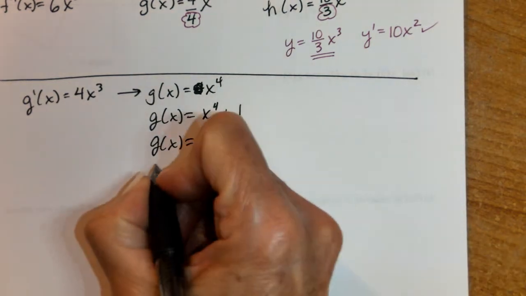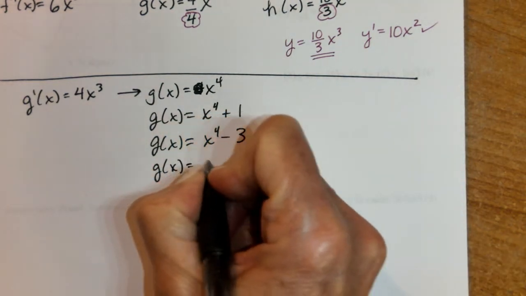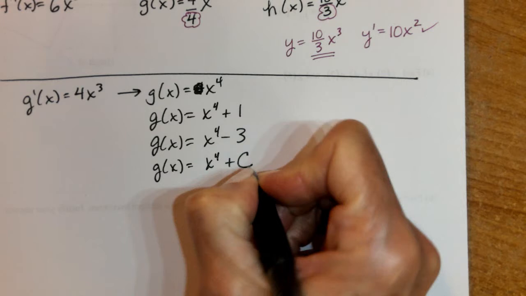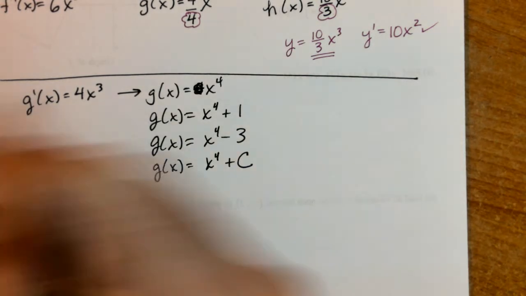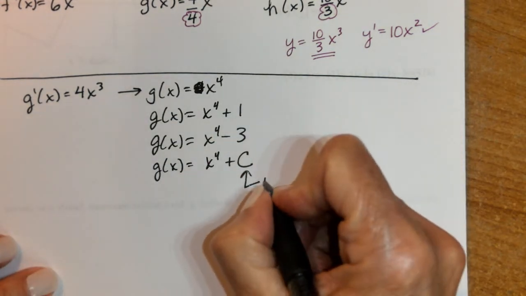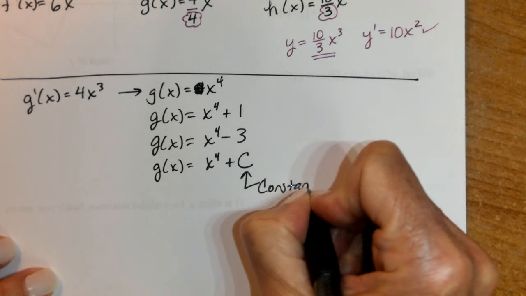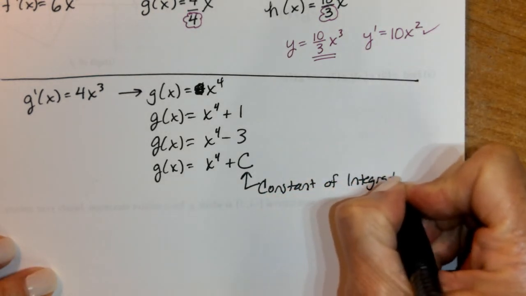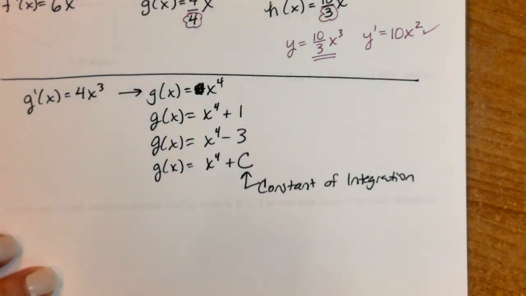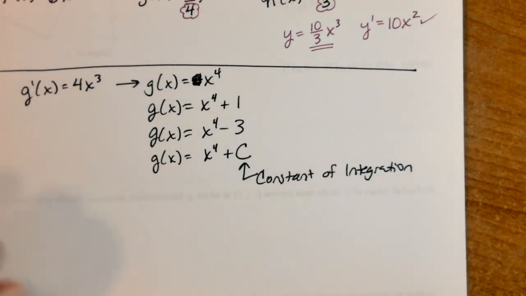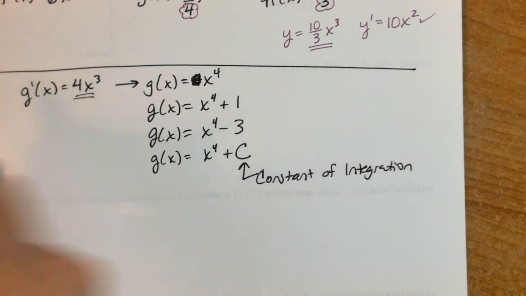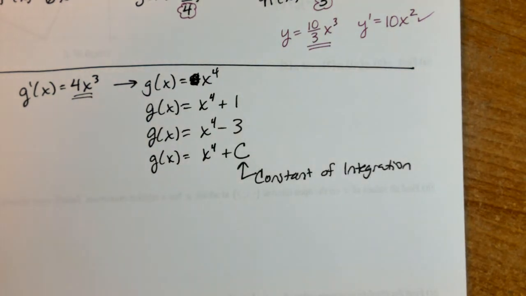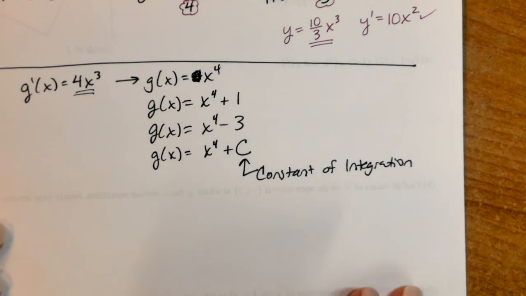So we call that the constant of integration. And anytime we're looking for a function whose derivative is given to us, we need to add that plus c, constant of integration. Okay?